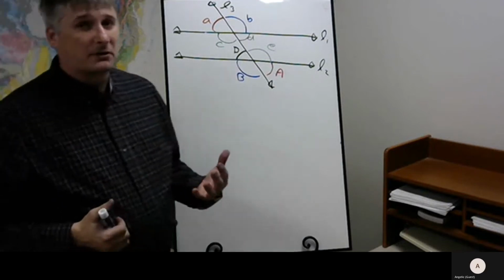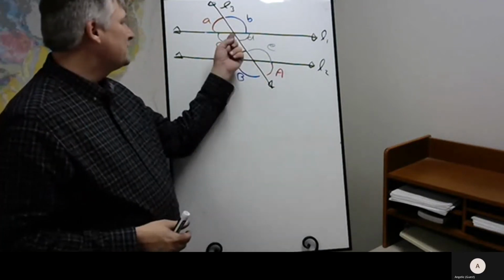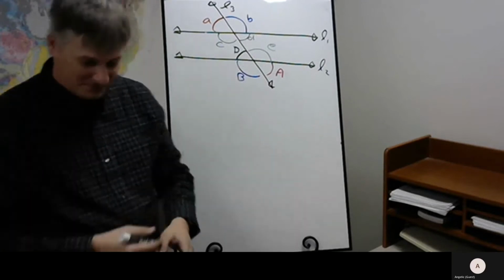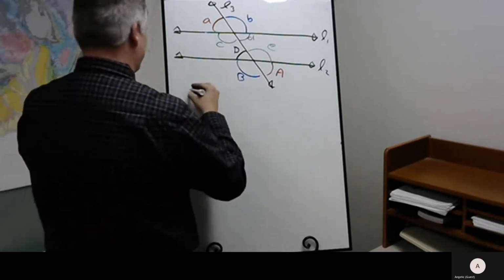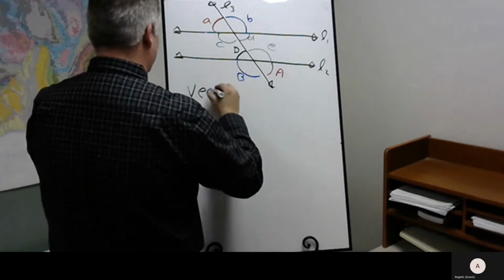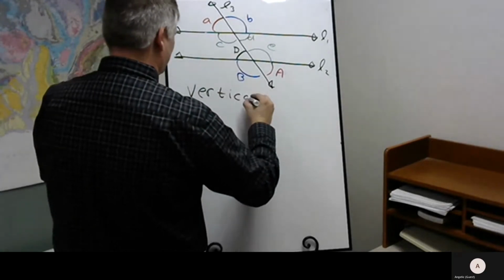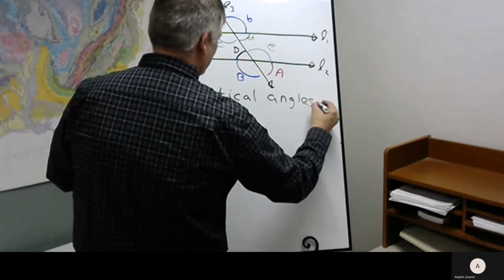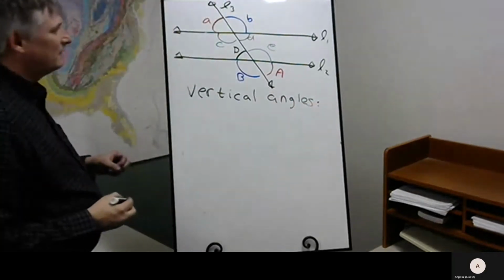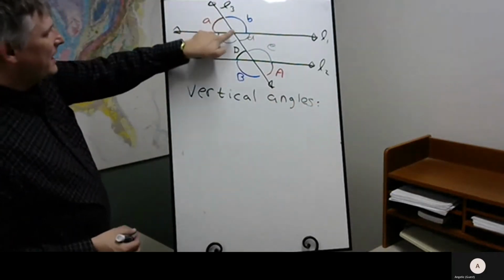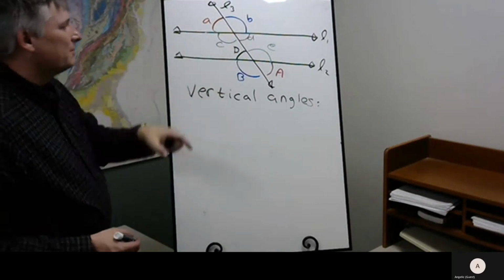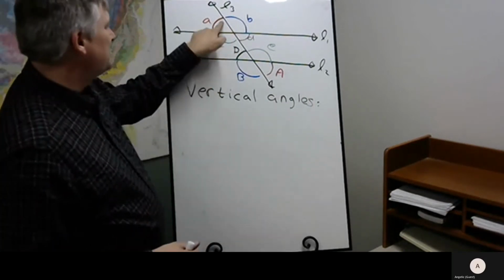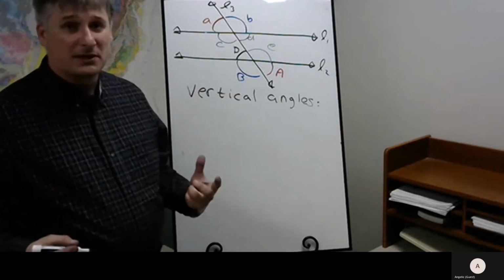Now, we want to talk about vertical angles. And again, this is the intersection that gives us vertical angles. That means the angles across from each other, because these are lines without any bends or any breaks, this angle and this angle are also equal.